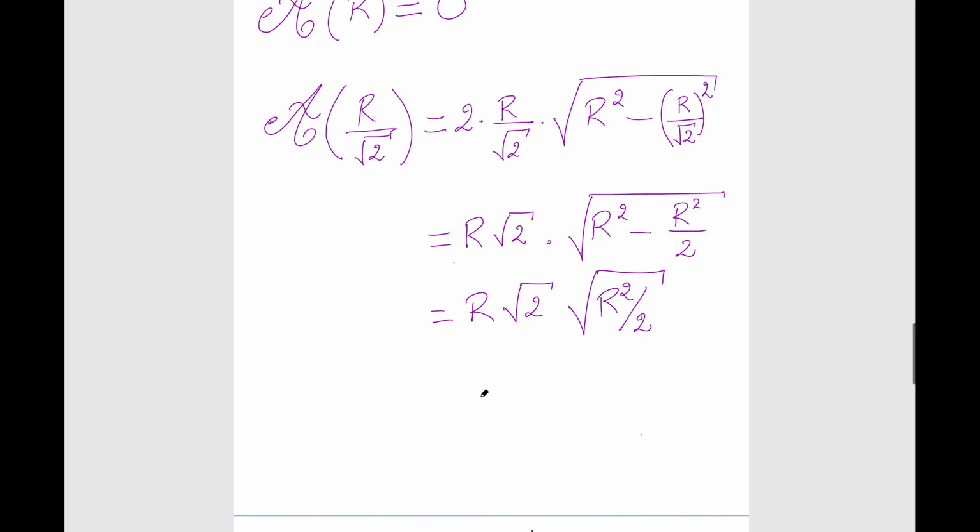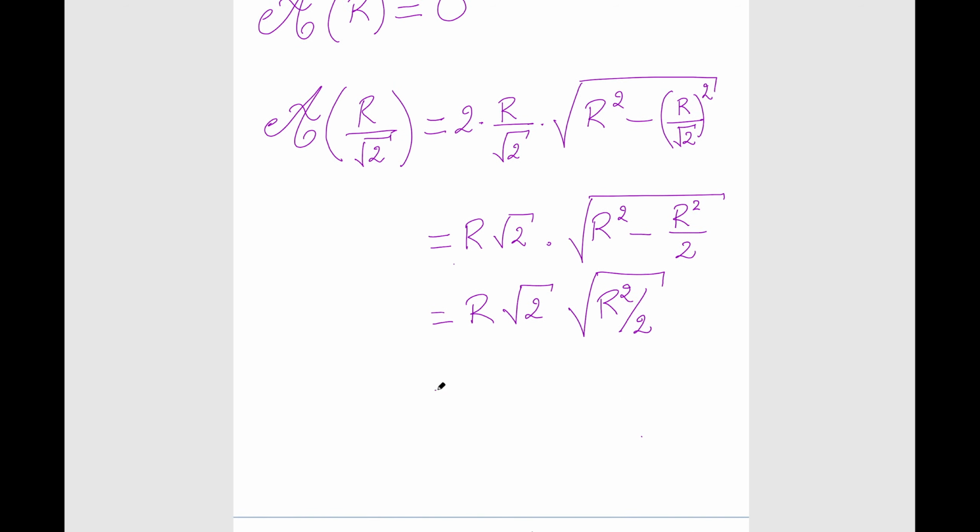Okay, and this is what then? This is equal to what's square root of r squared divided by the square root of 2? This is r over square root of 2, right? This is r over square root of 2, this guy.